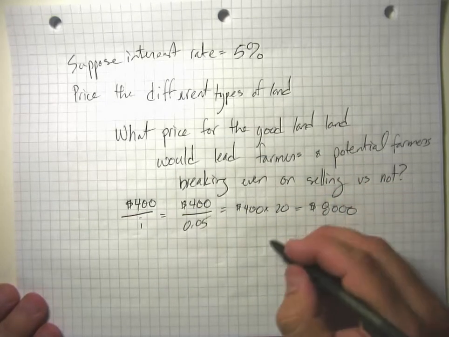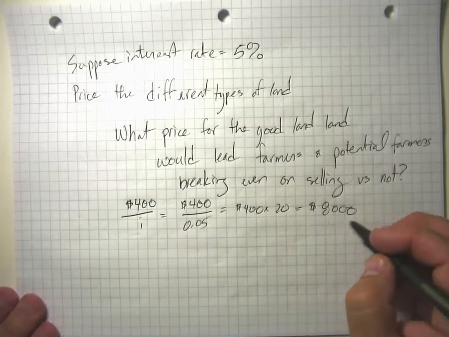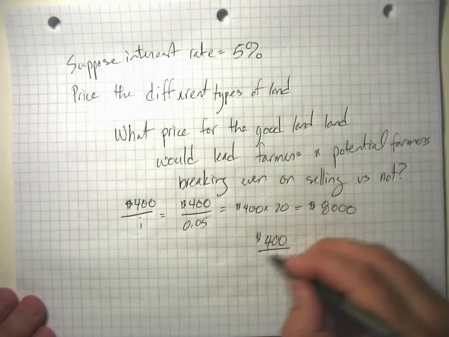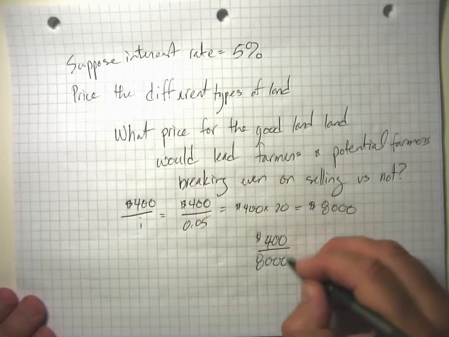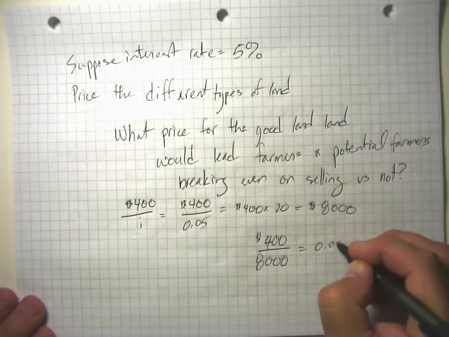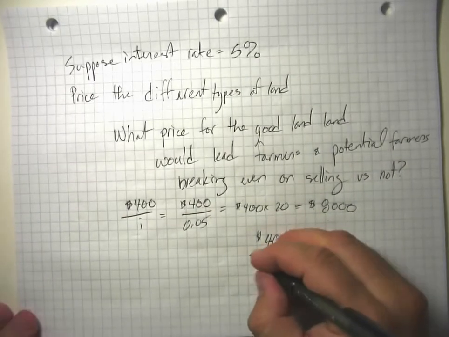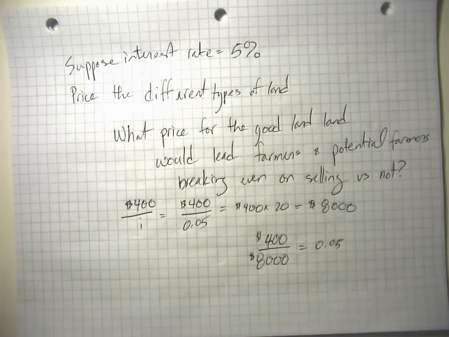Because what happens here is if the good land sells for $8,000, then the $400 over the $8,000 gets us to a 5% rate of return. So there's an opportunity cost to farming the good land.